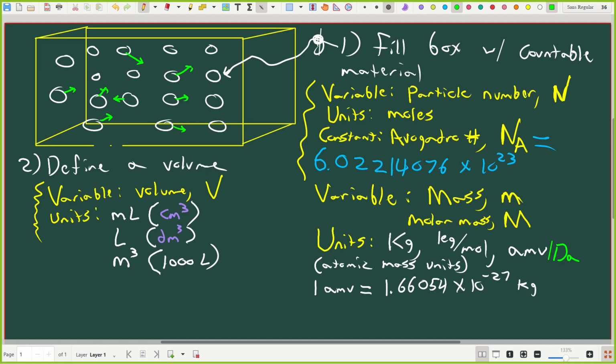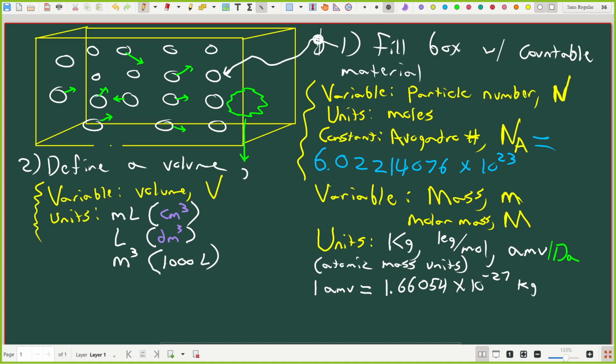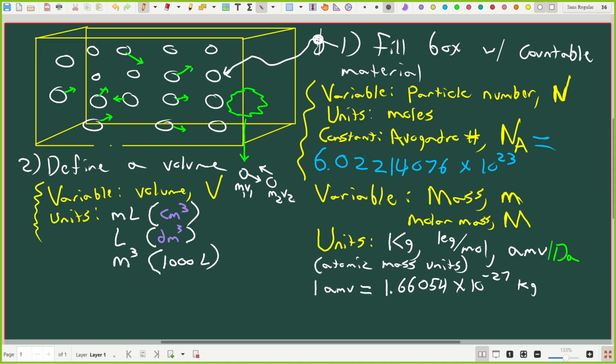So imagine, I'm just going to erase two balls, zoom into this region right here, and imagine that we have two balls, or two of our atoms, colliding with each other. One of them has momentum m1 v1, and the other m2 v2. Remember, momentum is mass times velocity.